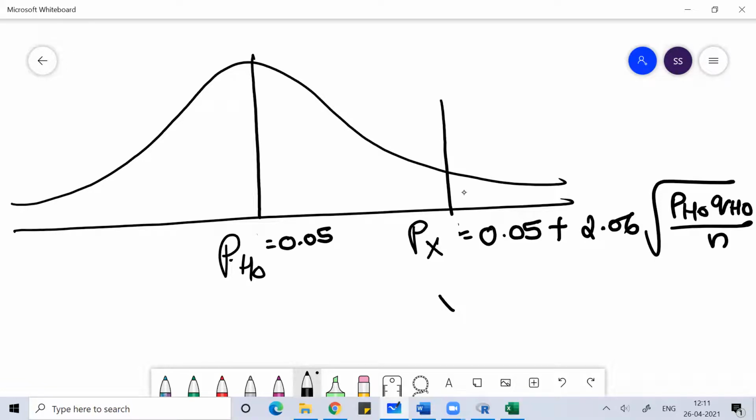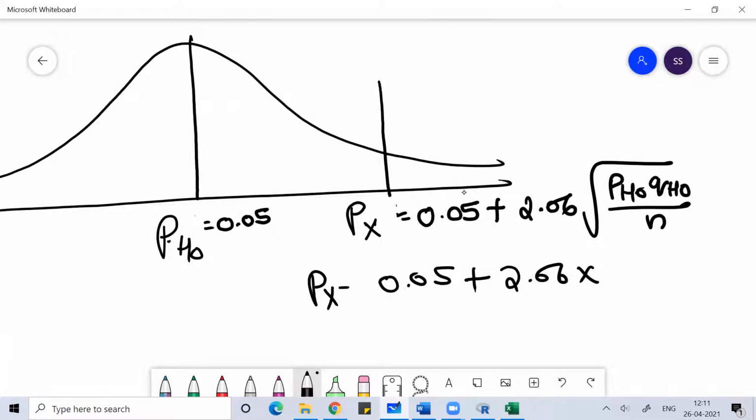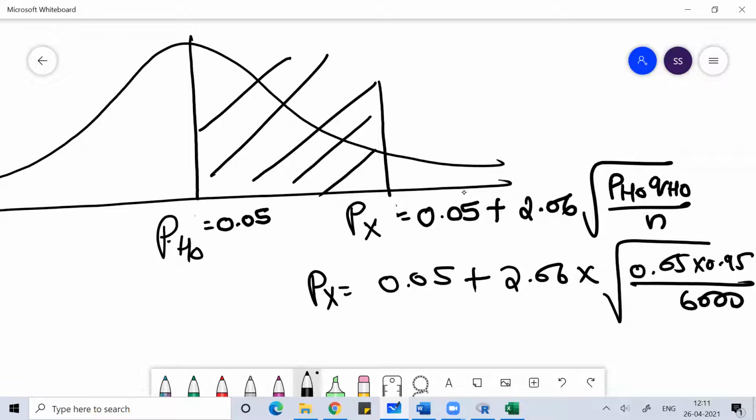So this will be equal to 0.05 plus 2.06, that is your z value, into the standard error. If your sample proportion lies in this range, we will accept it. This is 2.06 into the square root of 0.05 into 0.95 by 6000.